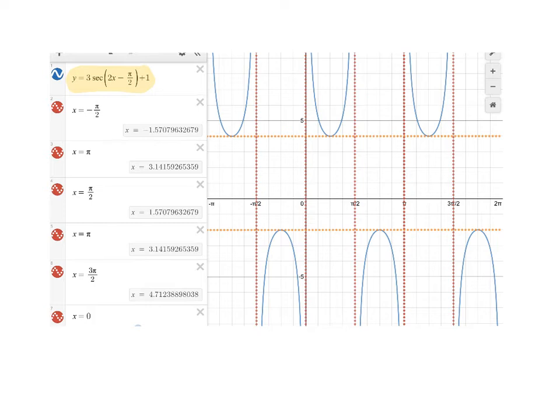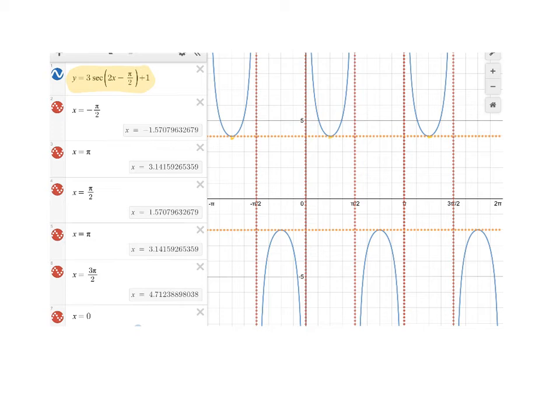First of all, remember that the secant function is related to the cosine function. So wherever that high point would move in a transformation of cosine, that's where these vertex type points for the upward scooping branches will be located. And in particular, we did a vertical shift of 1.